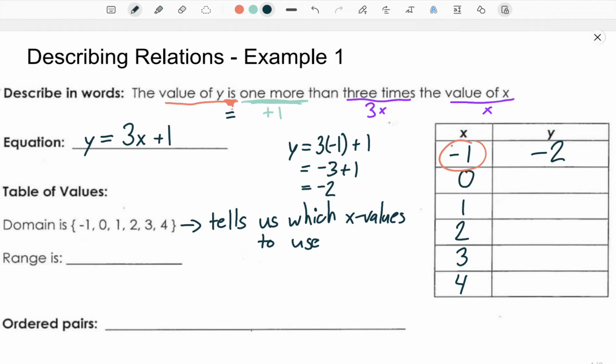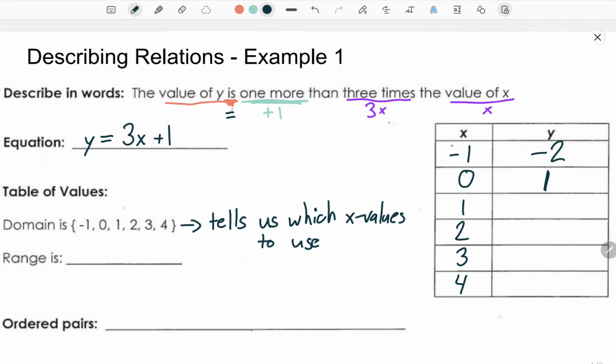So what is 3 times 0 plus 1? Well, that would just be 0 plus 1, which is just 1. So that would be the next number in our table of values.